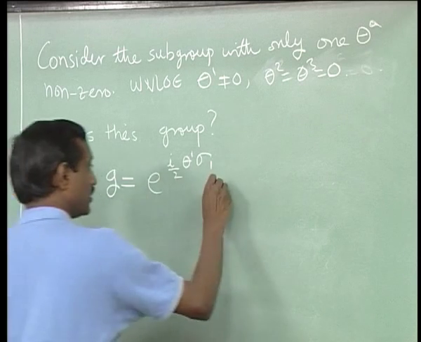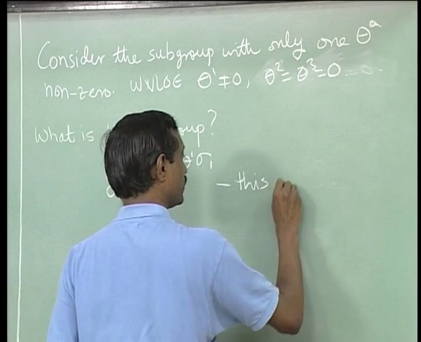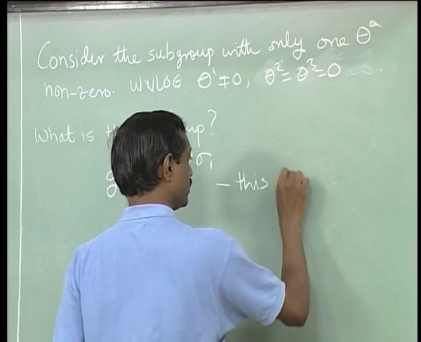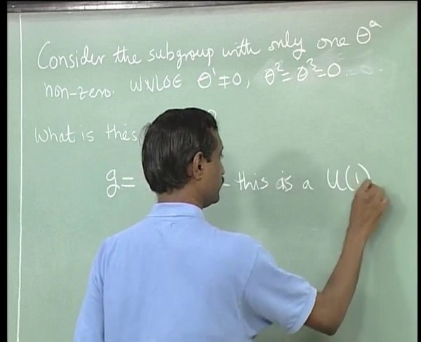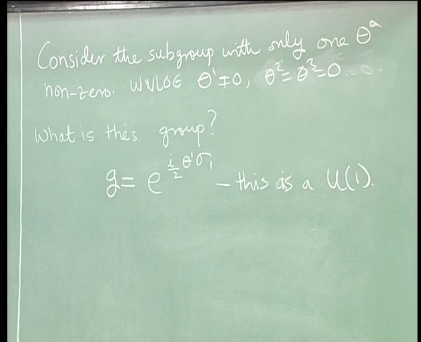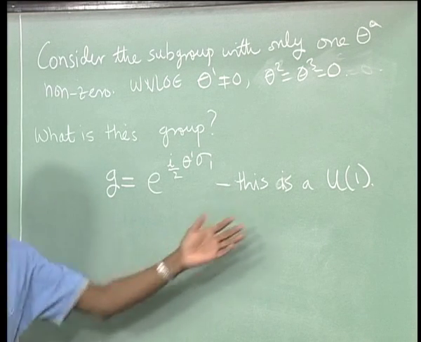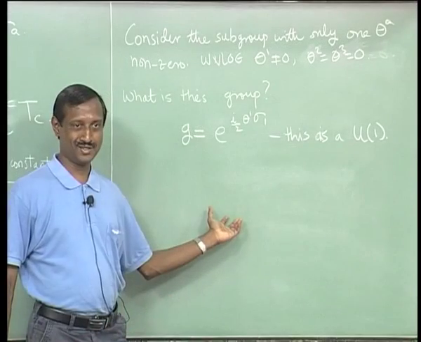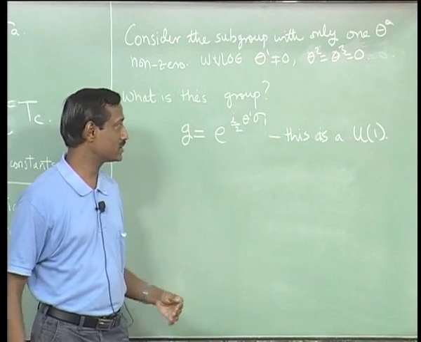In fact, if you expand it out, you will see that it has cosine thetas, and it will be some 2 by 2 matrix. Sigmas are these things. So, it is just a U1.